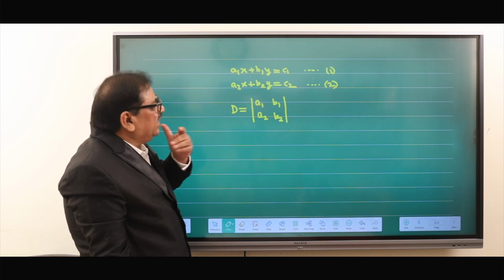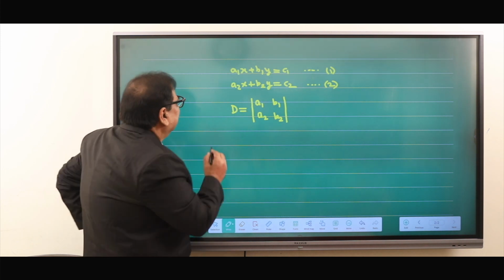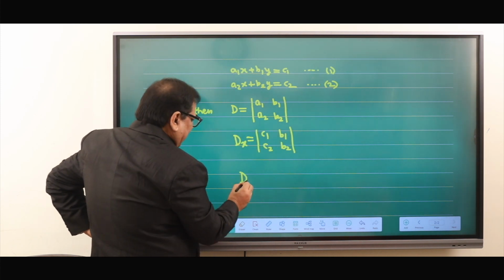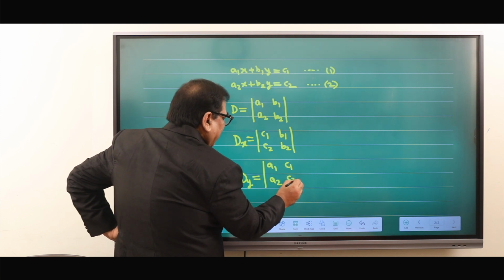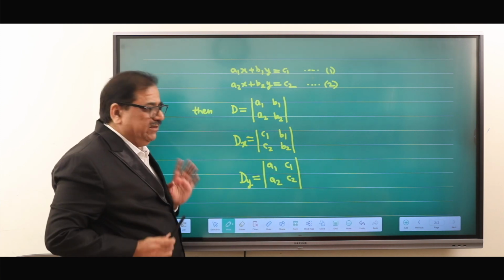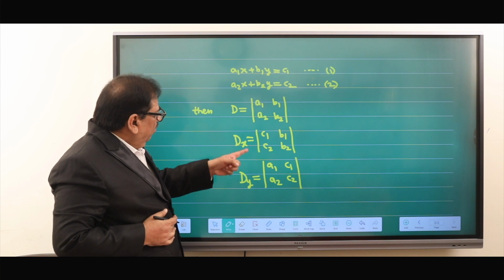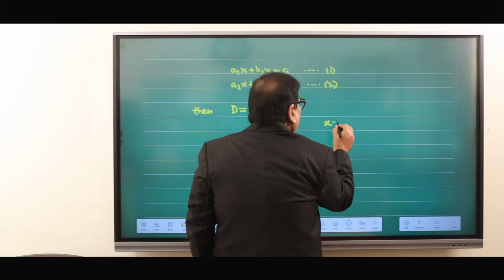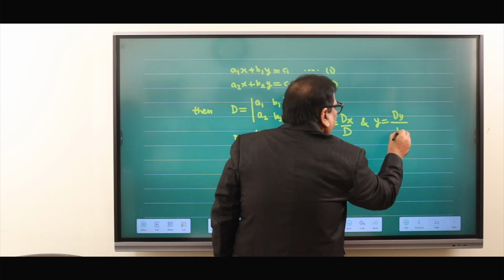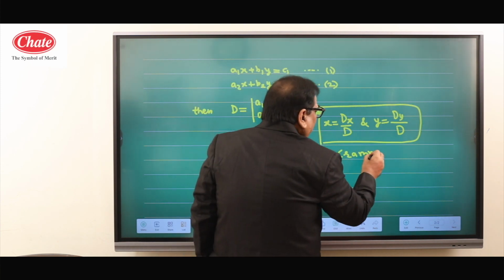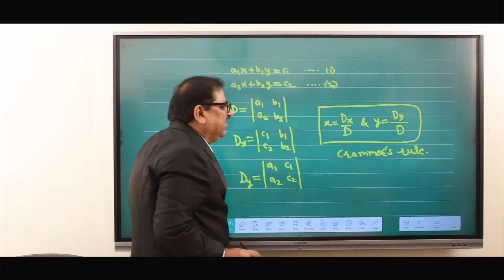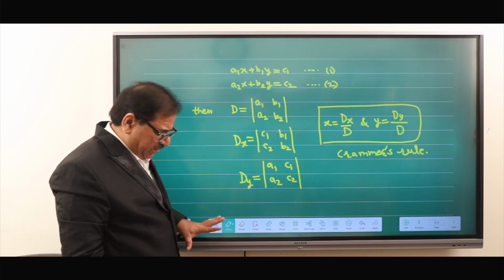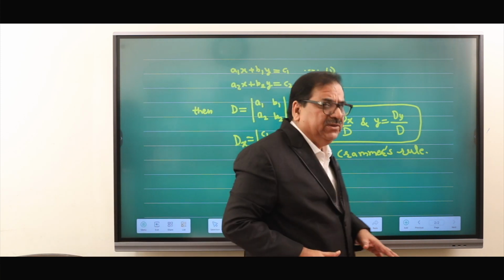So the first row is, we have to write these values properly in determinants, and we get this equation, which is called Cramer's rule. Remember this in your mind.